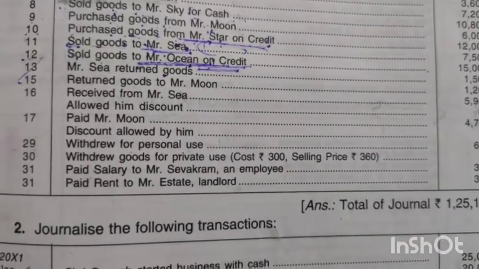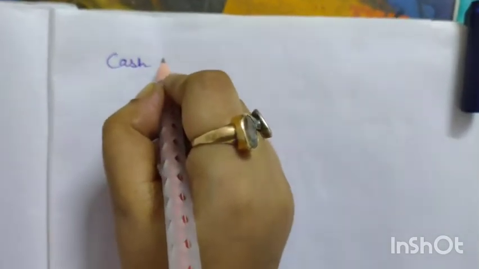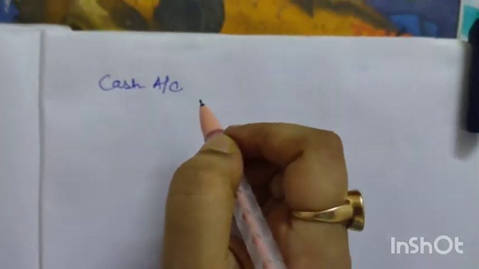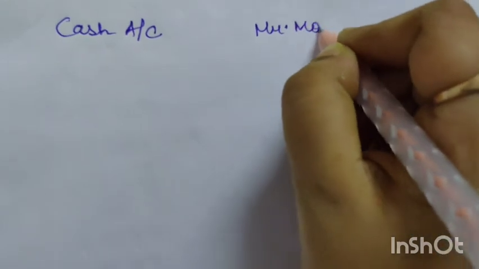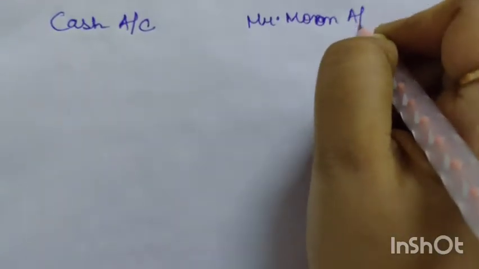So in this case we need to open three accounts. The first account, since we have paid cash, we will open cash account. Now the second account will be to whom we have paid the cash, Mr. Moon. Okay, so we will open Mr. Moon account.